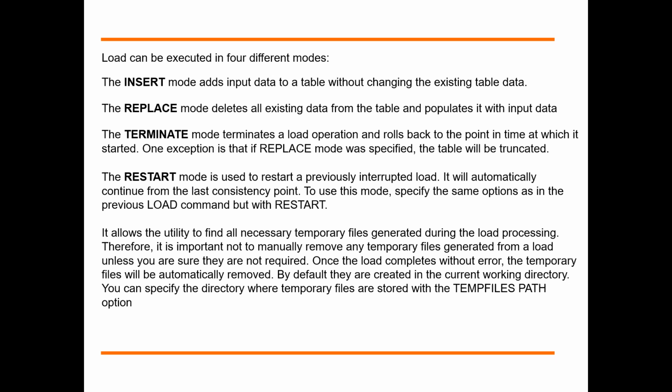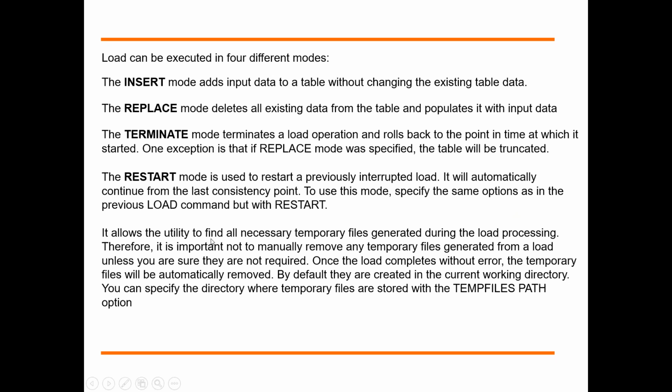Now, before you understand that, let's look at restart. The restart mode is used to restart a previously interrupted load. It will automatically continue from the last consistency point. To use this mode, specify the same options as in the previous load command but with restart. Now, this paragraph is important.